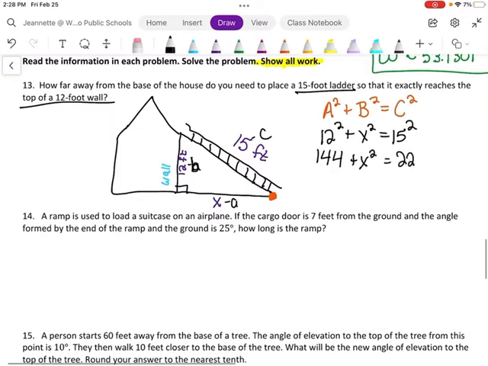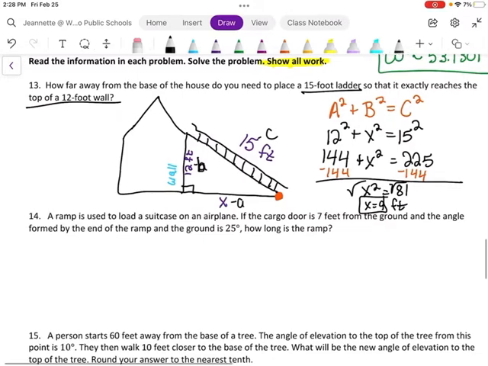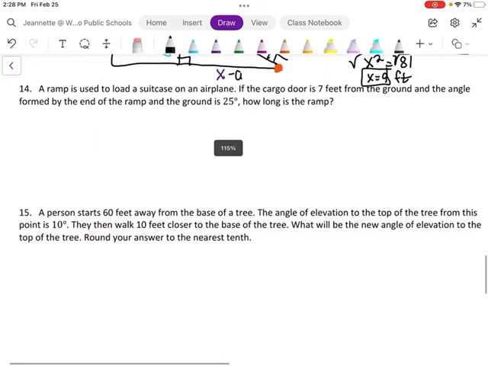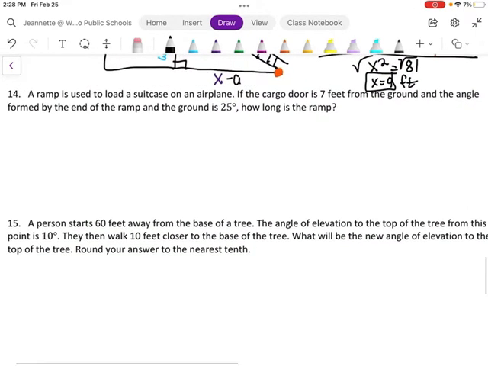Use your calculator to figure out these values if you don't have them memorized. And then our goal is to get x squared by itself right now so that we can take the square root. And when we do that, we're going to get x squared equals 81. And when you take the square root of both sides, we get x equals 9. And don't forget your labels of feet. The hardest part is making sure you get the picture drawn accurately so you have the right triangle labeled appropriately.